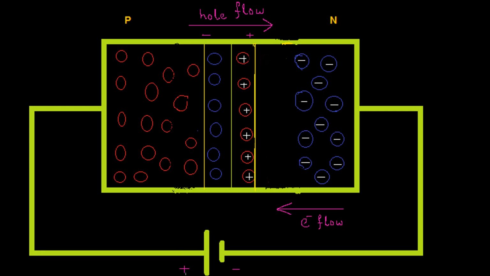The positive terminal of the battery repels the holes toward the junction, and the same goes for the electrons. So the depletion region will be smaller in the case of forward bias. The conduction will be much higher in the forward bias condition.